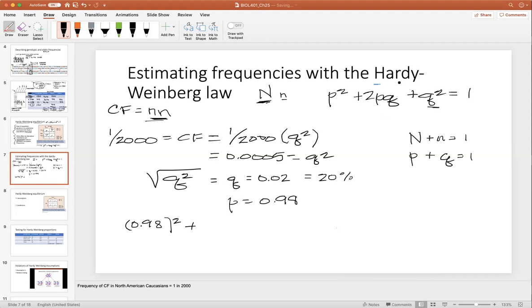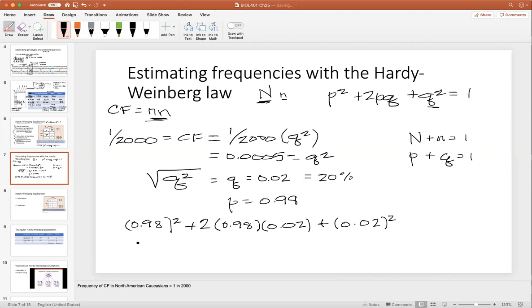To figure out our heterozygotes, we will multiply 2 times 0.98 times 0.02. And then, of course, we've already done this, but I'll go ahead and include it: 0.02 squared. P squared plus 2PQ plus Q squared, okay?